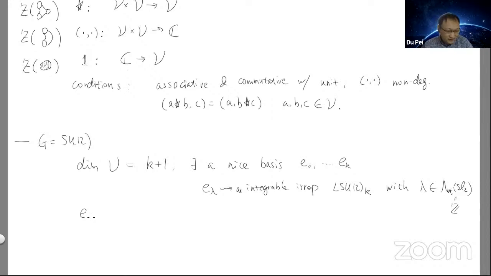Now the algebra structure is given by the following.